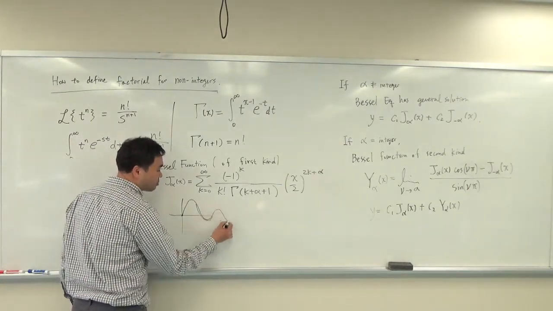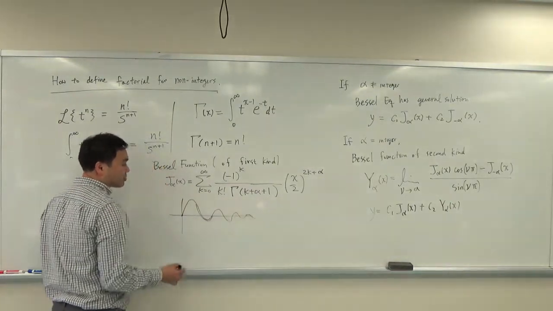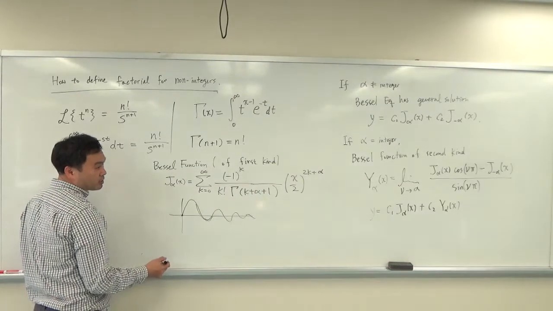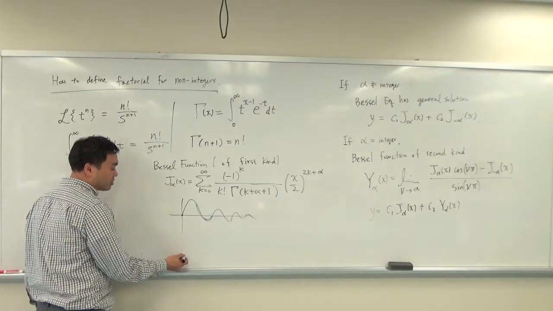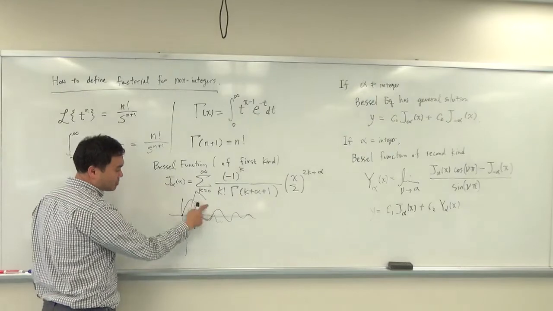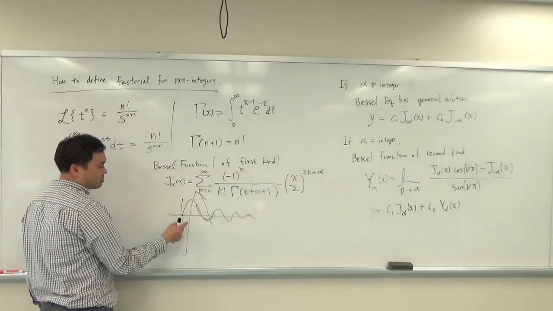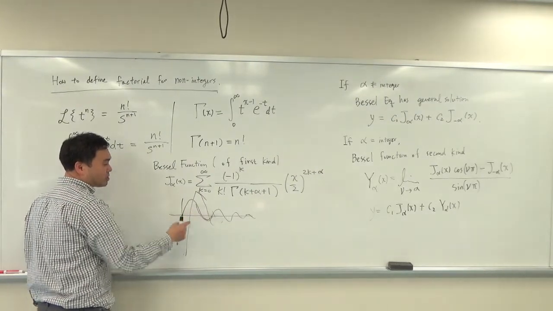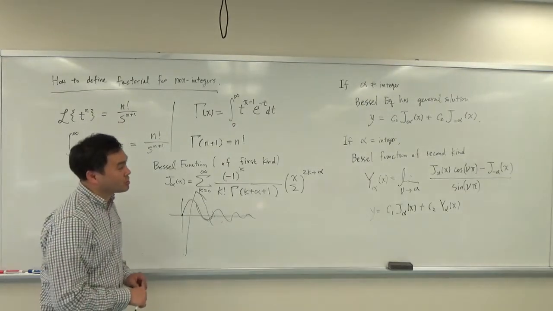It just becomes more like a fixed amplitude sine or cosine curve. And then the Y, on the other hand, has a logarithmic singularity down here, so it'll be something like this. And there's some theorem that if they're of the same order, then their zeros should be alternating. So that's another property.